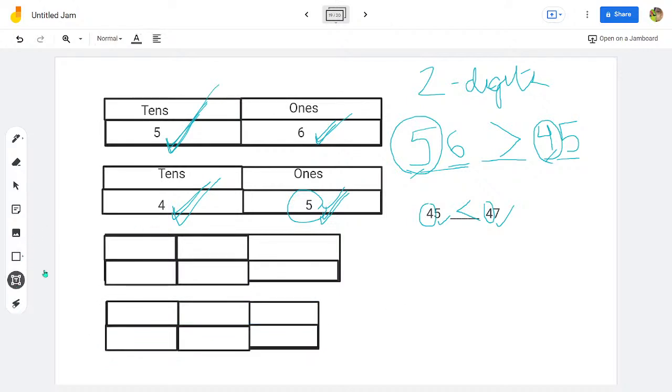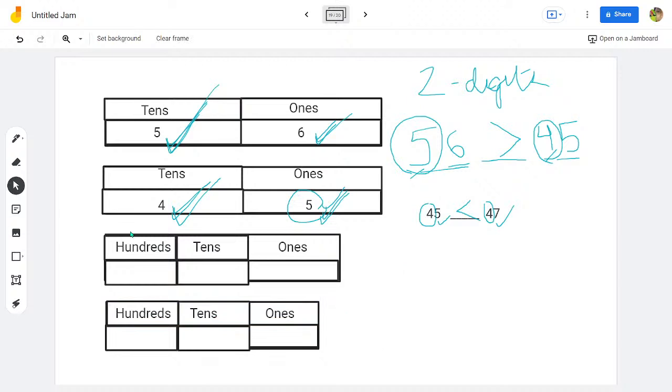Now here we have the hundreds column, then we have the tens column, and we have the ones column. Below that, again I would be comparing two numbers for 3 digits also. So hundreds, tens, and we have the ones column.